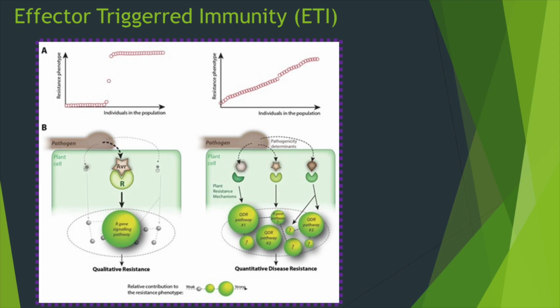So here we have another mechanism which is called effector triggered immunity or ETI. So here the pathogens produce certain genes, and these genes induce the resistance genes that are already present. So a lot of resistance genes will be pooled together, and this is called qualitative resistance. So this qualitative resistance is very specific to a particular pathogen. It is not common.